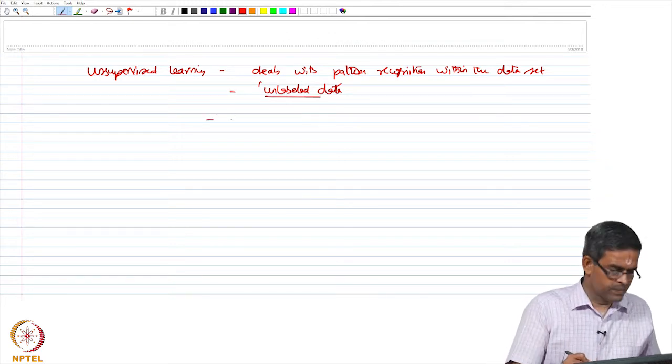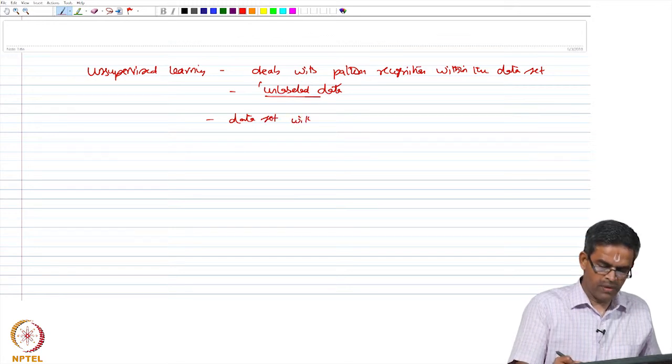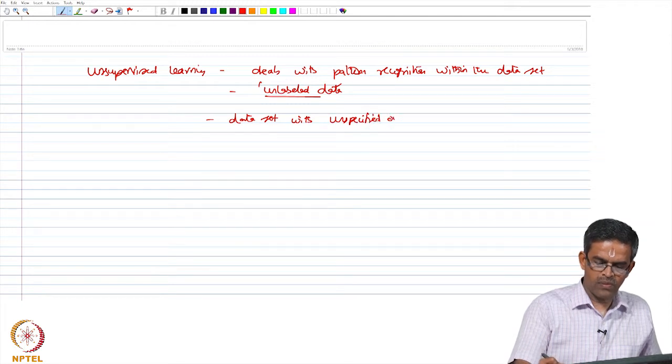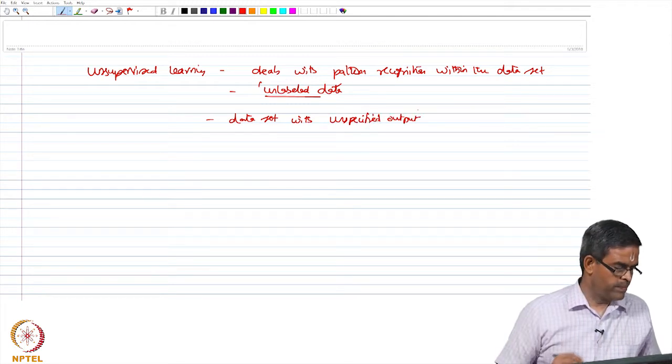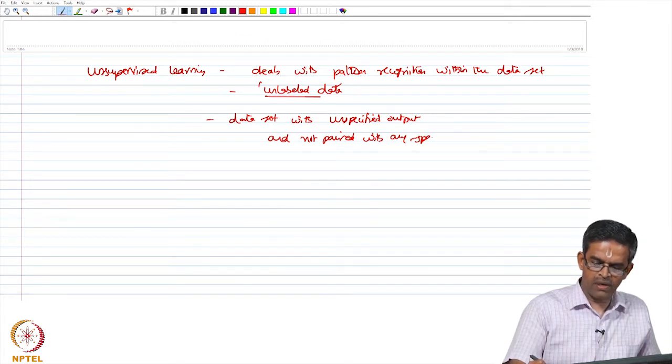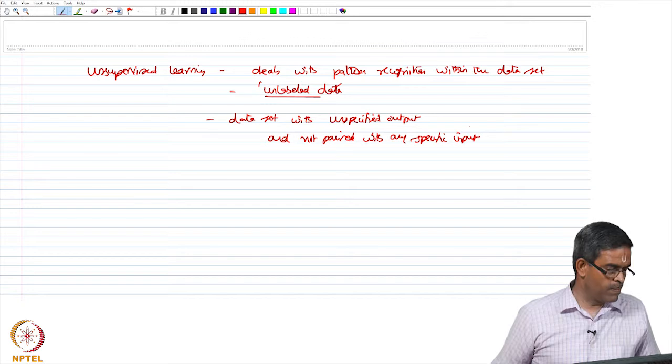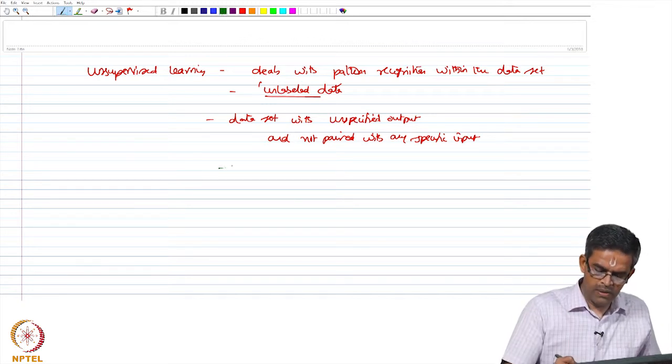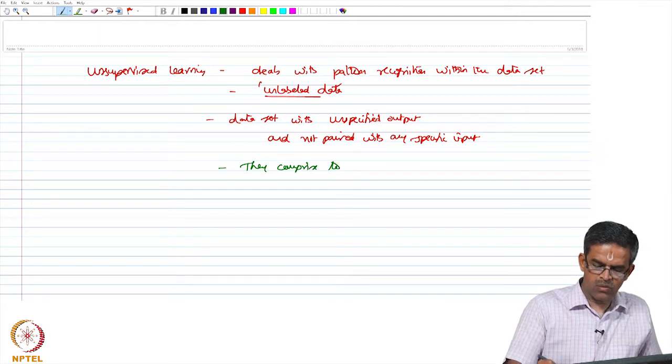That is data set with unspecified output, and not paired with any specific input, but however they comprise to form a general group.